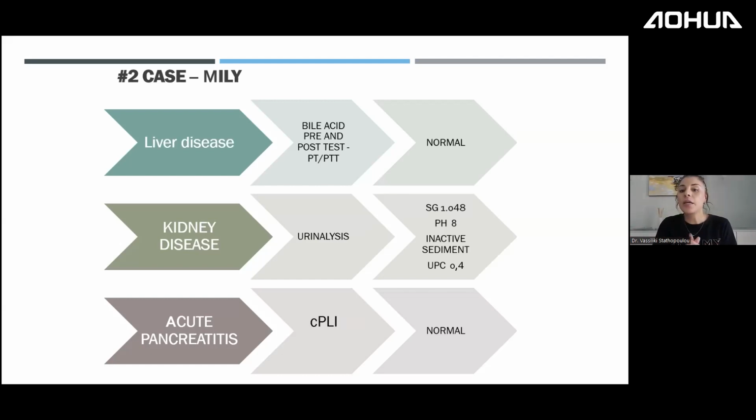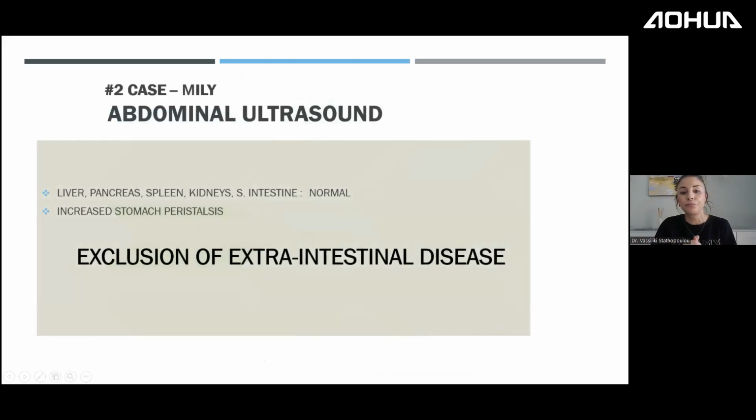Liver disease: pre and post bile acids, the dynamic bile acids test, and PT-PTT were normal. Urinalysis, you see the specific gravity, inactive sediment. The UPC was 0.4, so protein-losing nephropathy is excluded. Acute pancreatitis as well, CPLI normal. The baseline cortisol, as I've shown you previously, normal, so no Addison's disease as well.